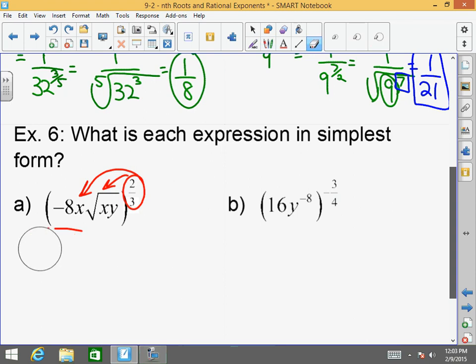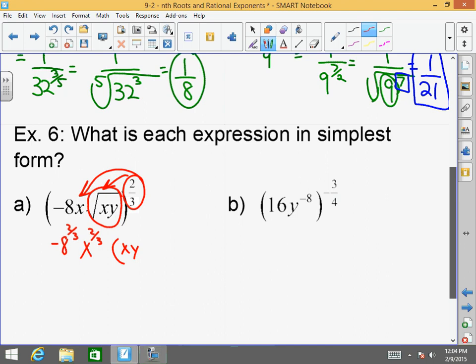Well, I'm going a little bit advanced here. This would be negative 8 to the 2/3, x to the 2/3, and I'm going to convert this square root into a 1/2. So this is xy to the 1/2 times 2/3. So this is going to give me the cube root of negative 8 squared of x squared. These two cancel, so I'm left with the cube root of another xy.